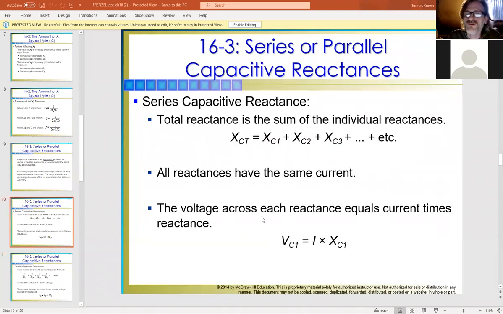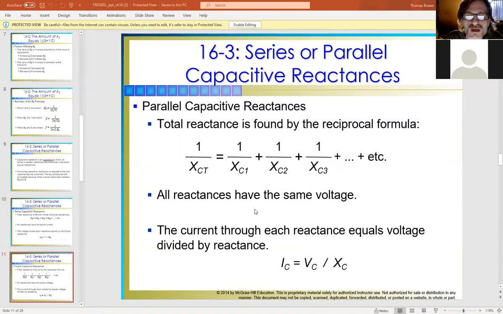So in a series, all reactances have the same current, just like the rules we've already established, and with this, all reactances have the same voltage. So we treat them the same way as we do with resistive elements. And again, plugging in Ohm's law, if we want to find the current through this capacitive circuit, we would have the voltage divided by the reactance.